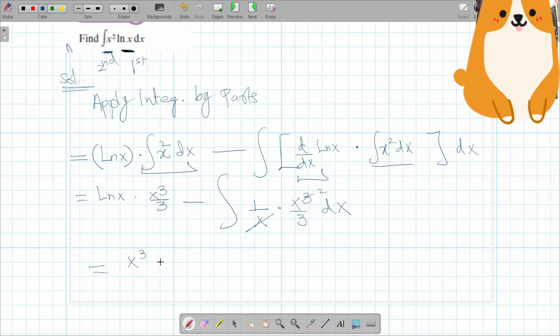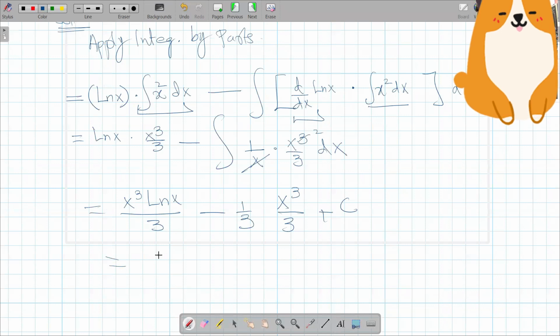So we have x cube into log of x divided by 3, minus 1 over 3 can be taken outside. What is inside? X square. X square has this antiderivative further, and this can be simplified as x cube log of x divided by 3 minus x cube divided by 9 plus c. That's it.